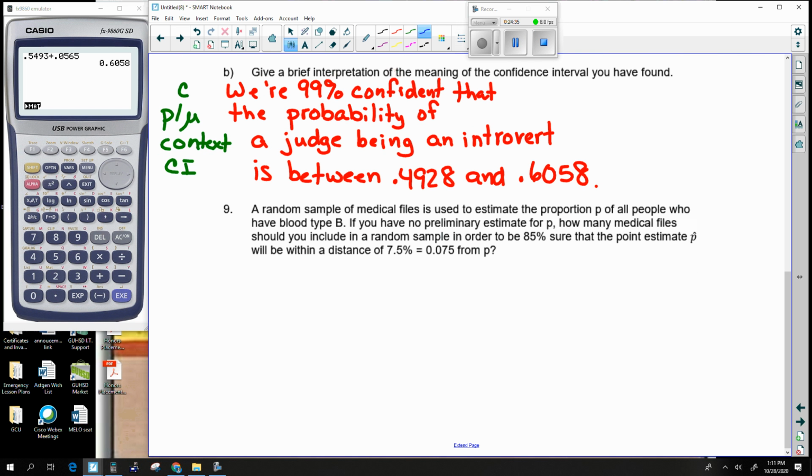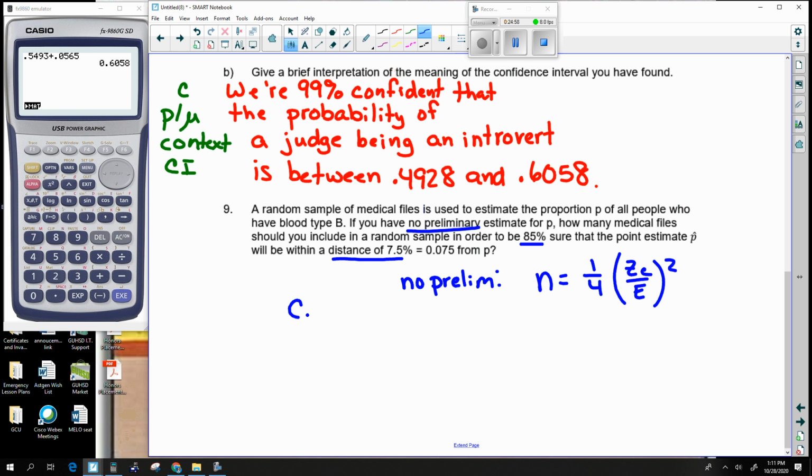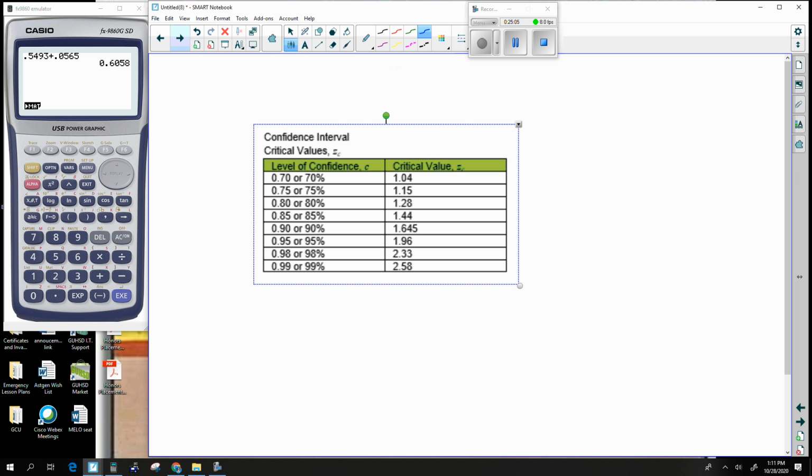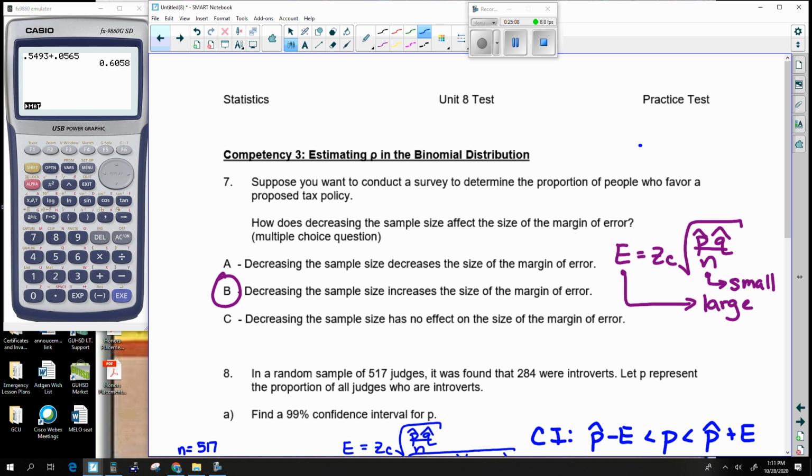Okay, last question. We have no preliminary estimate, we have a distance, and we have a confidence. All right, so the no preliminary estimate implies that we are using the minimal sample size of 1/4 of ZC divided by E squared. All right, so with a confidence of 85%, the ZC for 85% is 1.44.